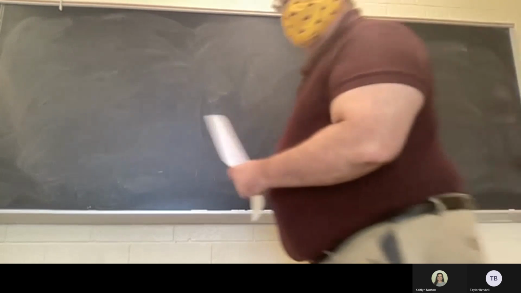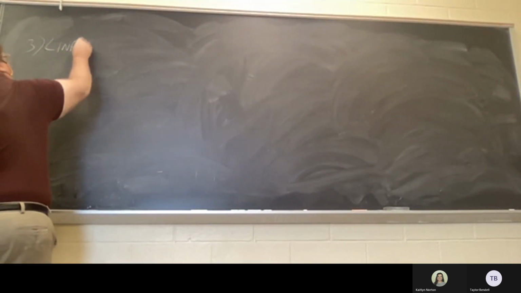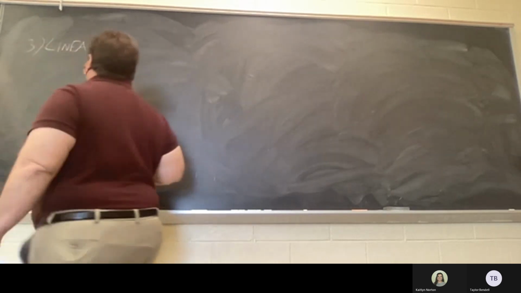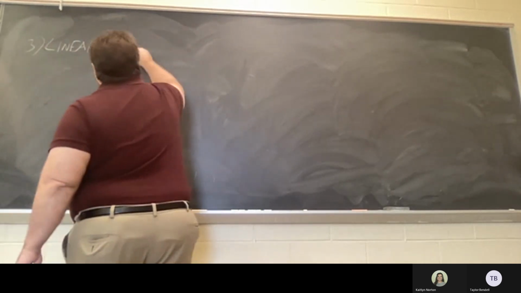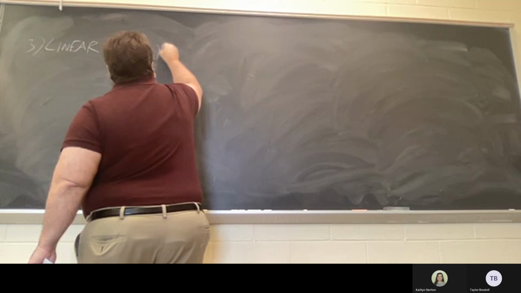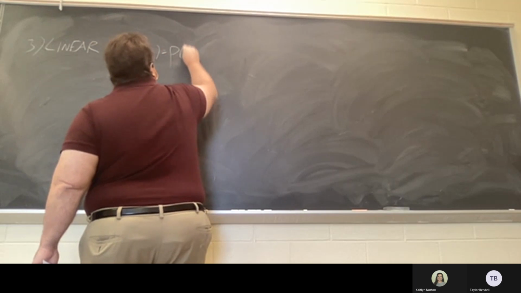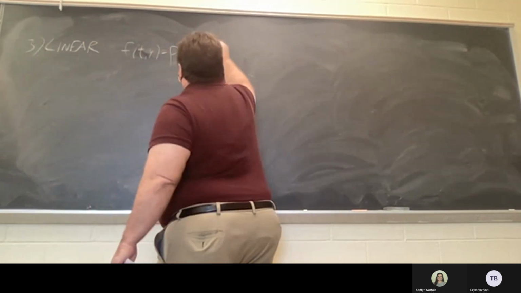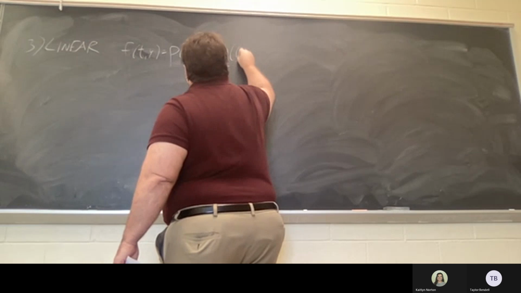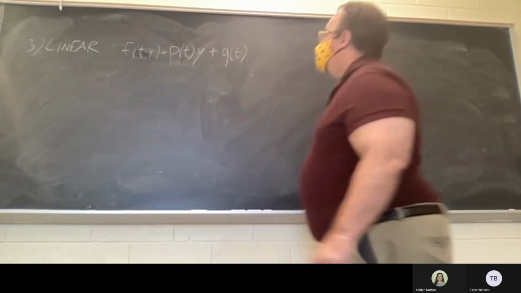Okay, so the third kind is a linear equation. In this case, we assume that f of t, y is equal to some coefficient p of t times y plus some other function q of t.